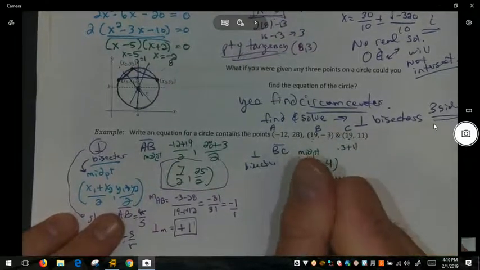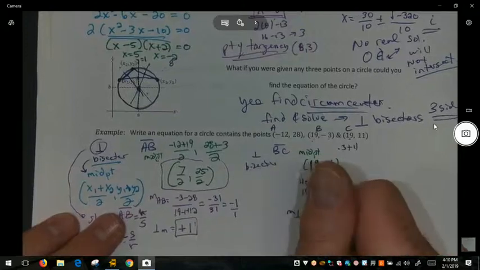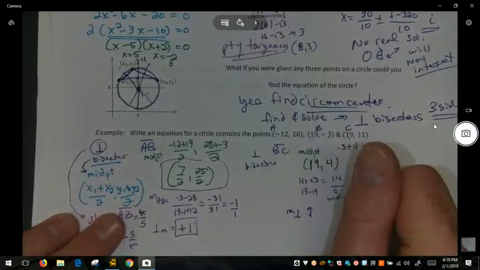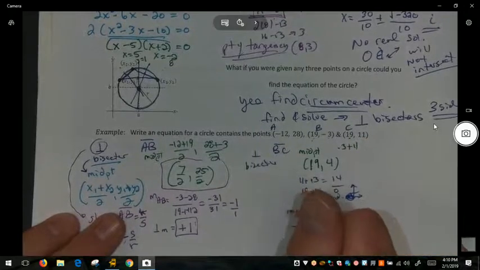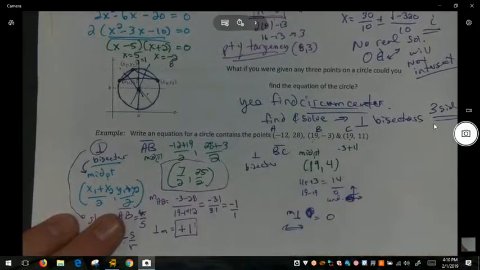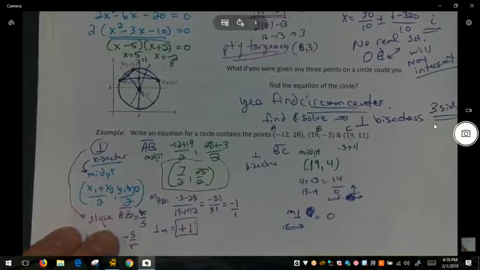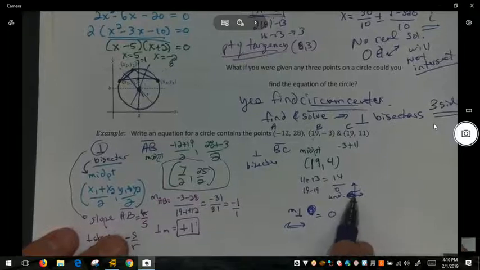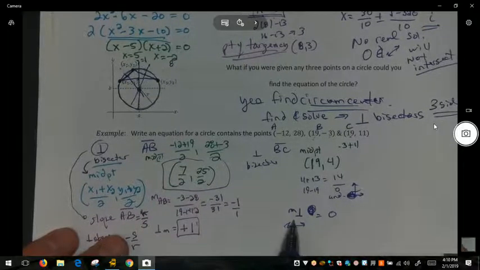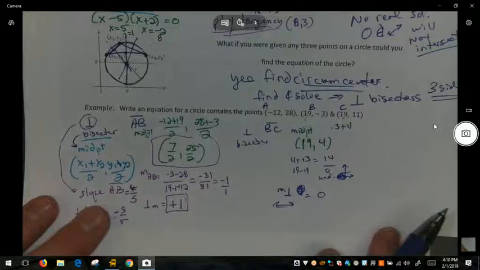But if I want the perpendicular slope, that's going to be for a horizontal line, which is going to be a slope of 0. That's the one exception where it's not opposite reciprocals. You've got to know that vertical lines have an undefined slope. Horizontal lines have a slope of 0 from Algebra 1.